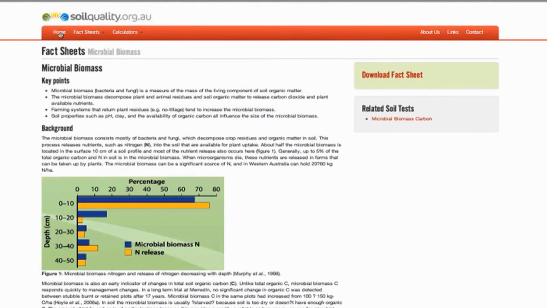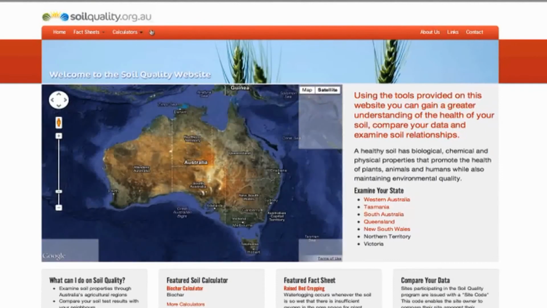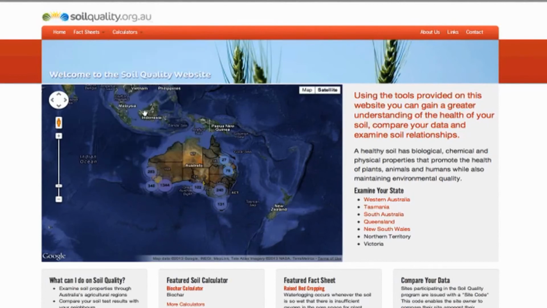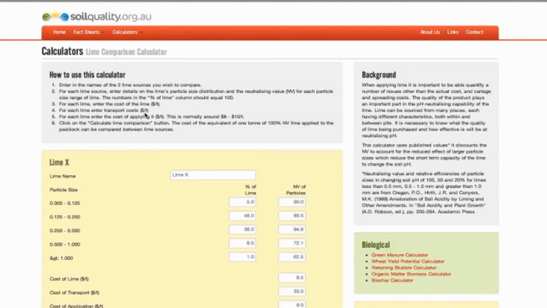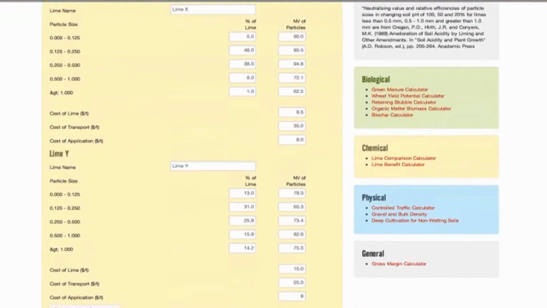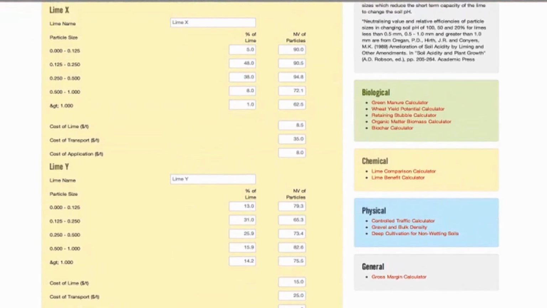And there are a few other things you can do on there. Obviously, we have a lime comparison, there's various calculators that you can use, and you can enter things like the lime quality, which is something in WA that's very important for soil acidity. And you can enter in the lime quality. There's a couple of arbitrary ones put in there.